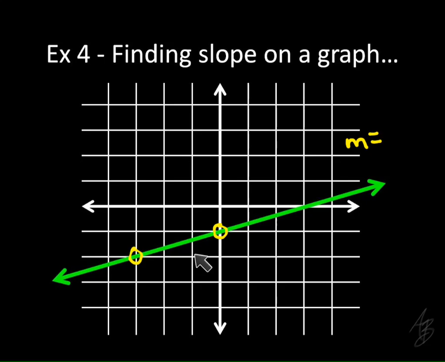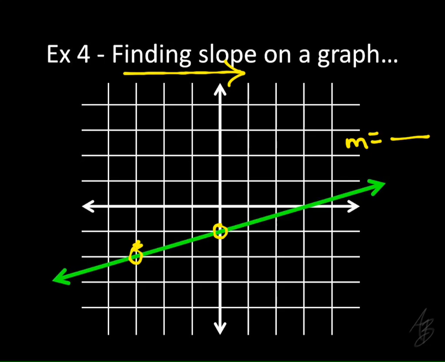Jason. Kenneth, which one should we start at? Not because we want to go up, because we want to go to the right. So if we started here, we would have to go to the left to get to this point. If we start here, we're going to go to the right. So we need our rise. What's our rise going to be? How far do we go up or down?